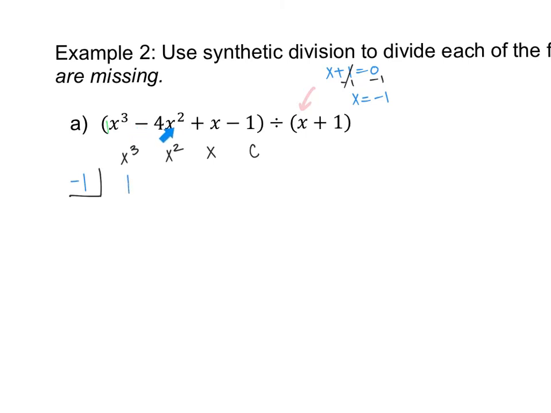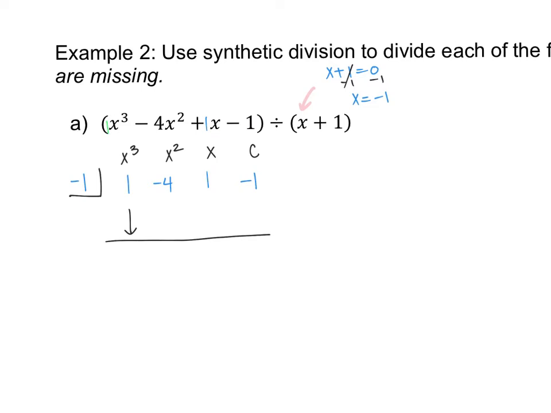Your x squared had a -4 in front. Your x to the first power had a 1 in front. And then your constant is a -1. So you set that up, and then what you do is you always bring down the first term's coefficient.